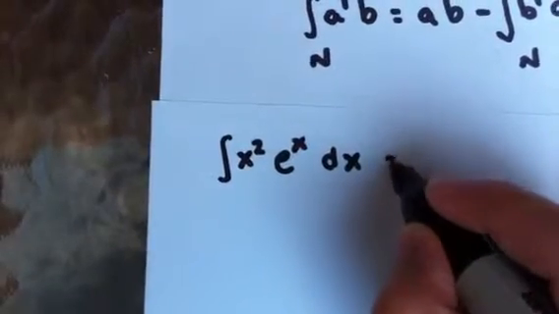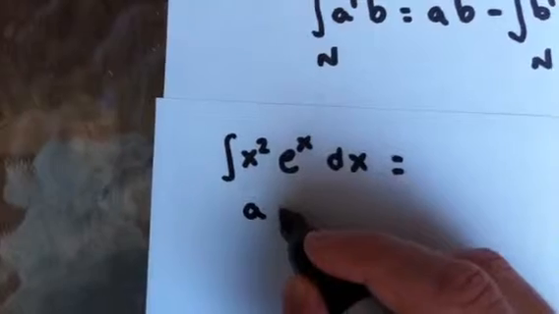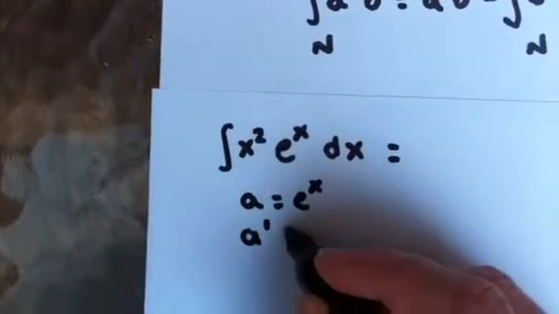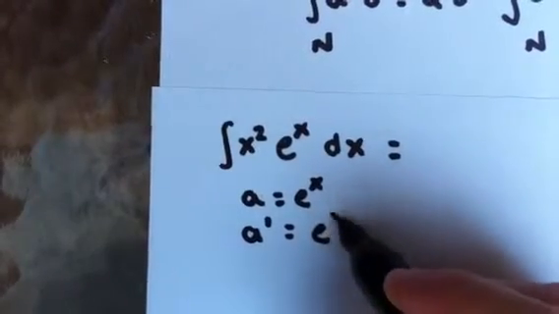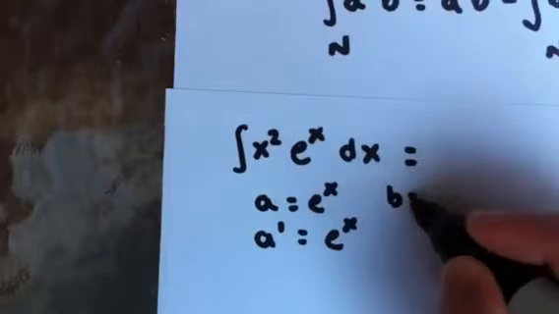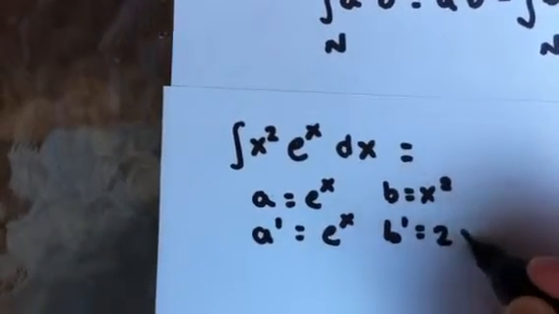And by our formula, this is going to be equal to, we choose our a to be e to the x like last time. Our a prime will also be e to the x. Our b will be x squared, and our b prime will be 2x.